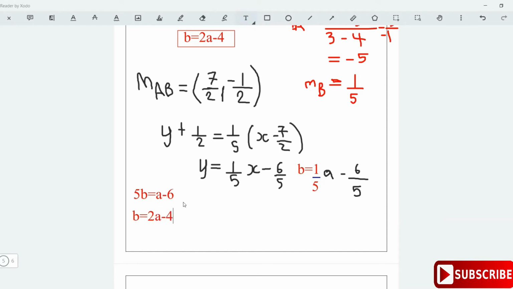So if we solve these two simultaneously, let's plug them together. We're going to get 5 times, plug b in here, 2a minus 4, that's equal to a minus 6. Now expanding this bracket, we get 10a minus 20 is equal to a minus 6.